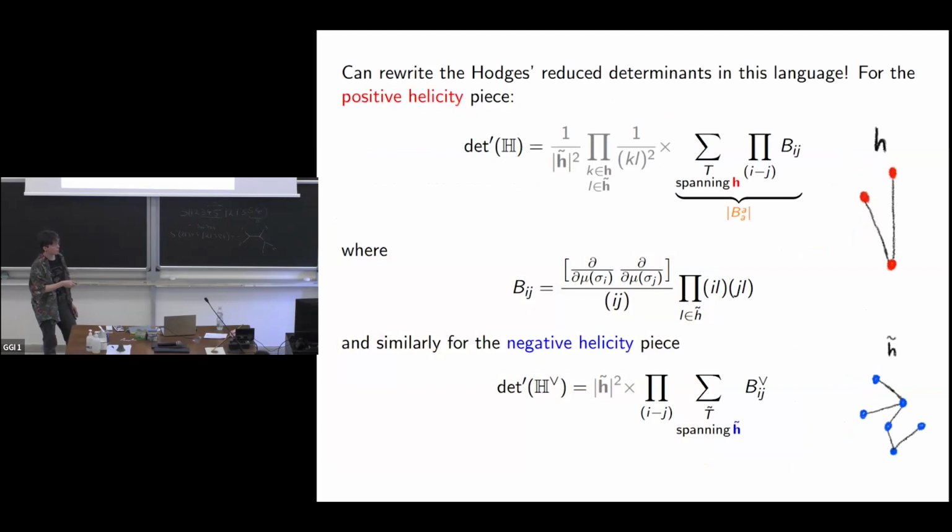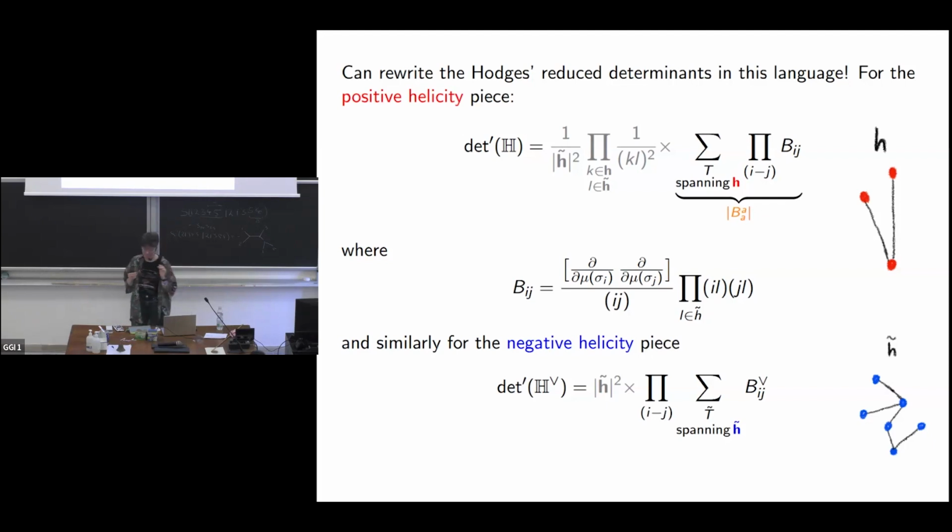And we can also do this for the dual Hodges matrix. So for the dual Hodges matrix, we have a prefactor, and then a sum over trees spanning the negative helicity gravitons, weighted by some matrix that I haven't written down here. Okay, so we've turned our determinants into trees.